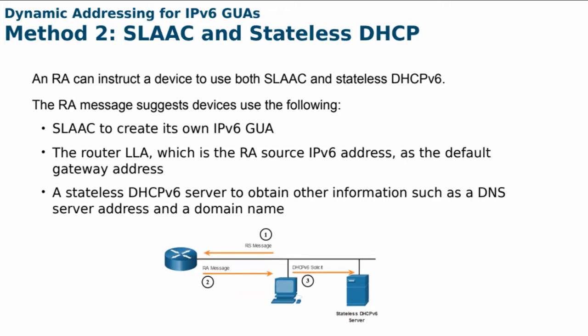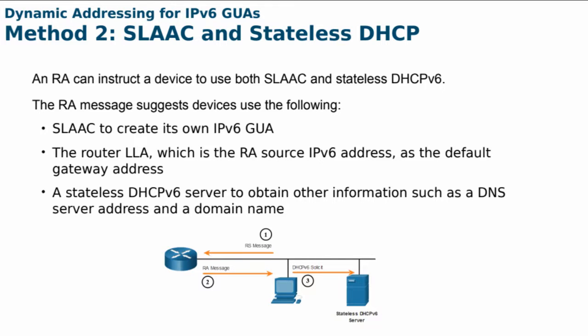Here we have SLAAC and stateless DHCP. A router advertisement can instruct a host to use both SLAAC and stateless DHCP. And this is how it will go. SLAAC, you will need it to create its own IPv6 GUA, and then to identify the router LLA, link local address, which is the router advertisement source IPv6 address.